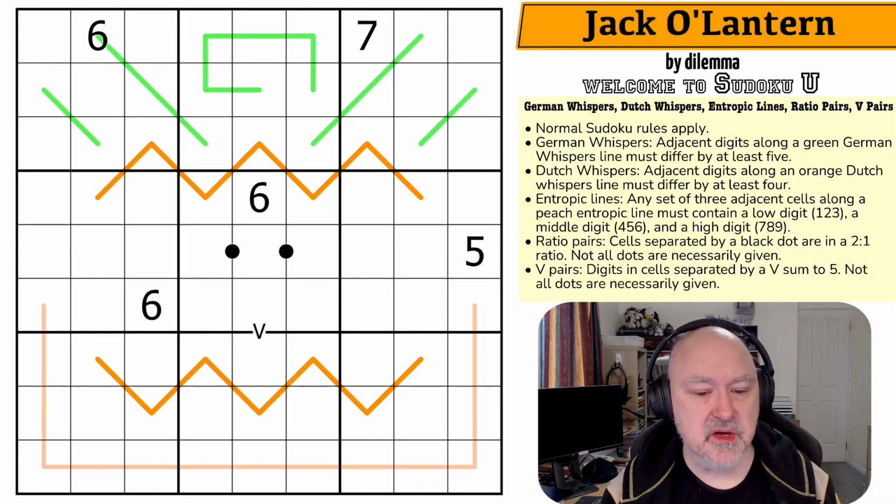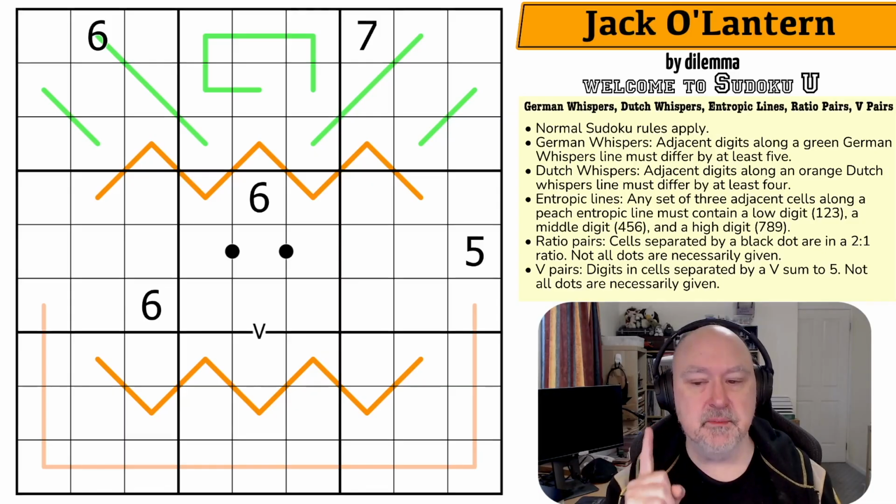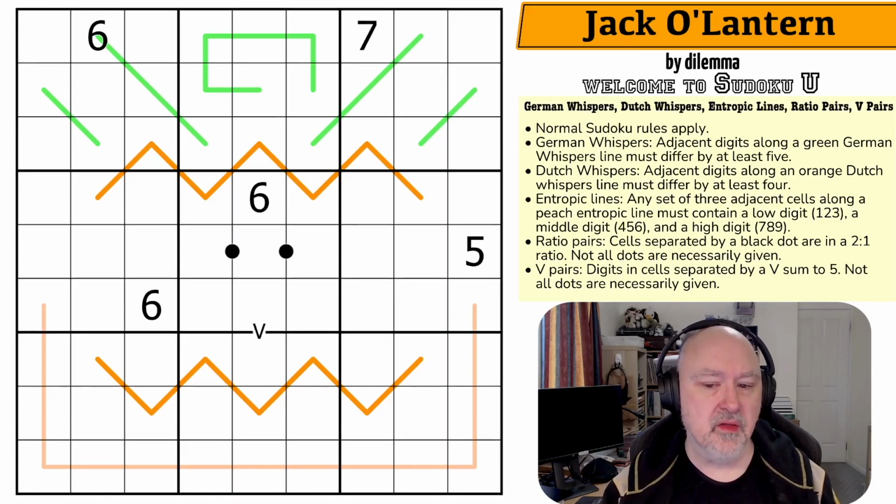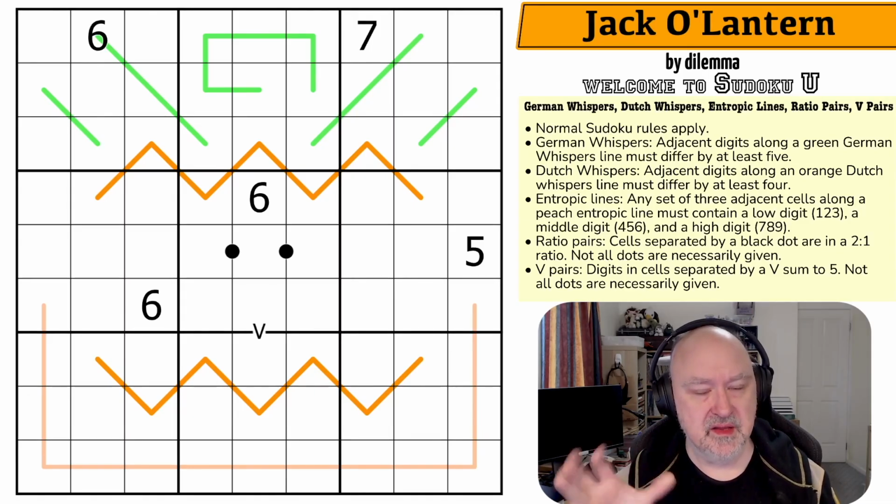Is there anything else I want to go into? I've gone through all the details before. I kind of want to get straight into the puzzle. Now, I will note that it isn't detailed above, but it is detailed in the puzzle description below and in the puzzle link: there is an accessibility note about the difference between the Dutch whispers line and the entropic line. I'm not resetting this puzzle. Normally I would put something into the grid to make a clear distinction of the different lines, but I'll go through it when I cover the rules, and there is a note in the puzzle description, in the puzzle and everything.